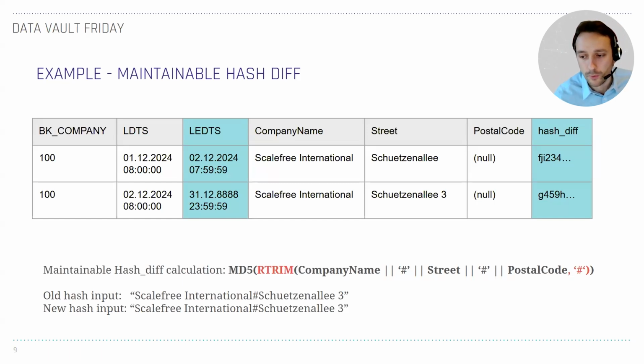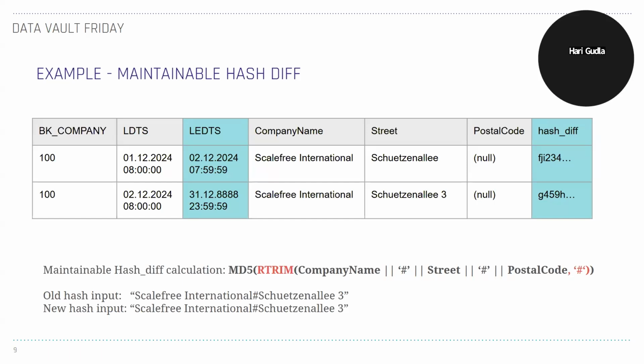But what you still can do, if it's not such a hard duplicate but more or less intraday changes, is manipulate the load date timestamp by adding a microsecond, based on the subsequence ID, for example.